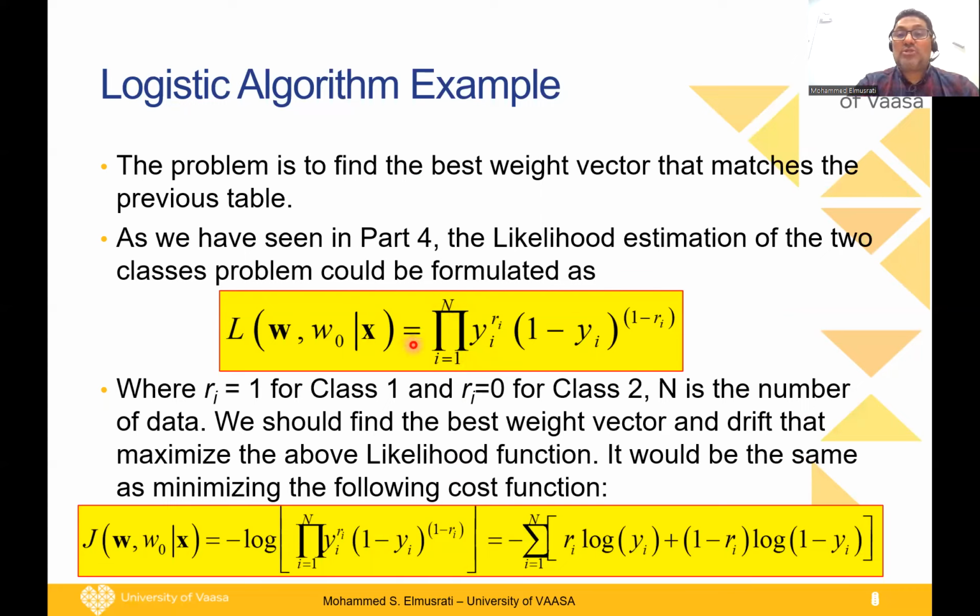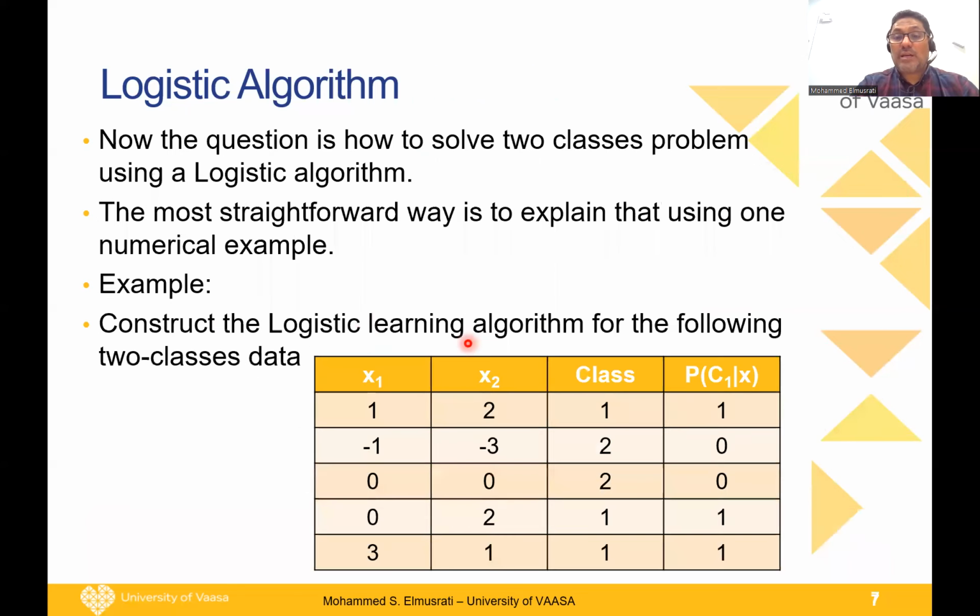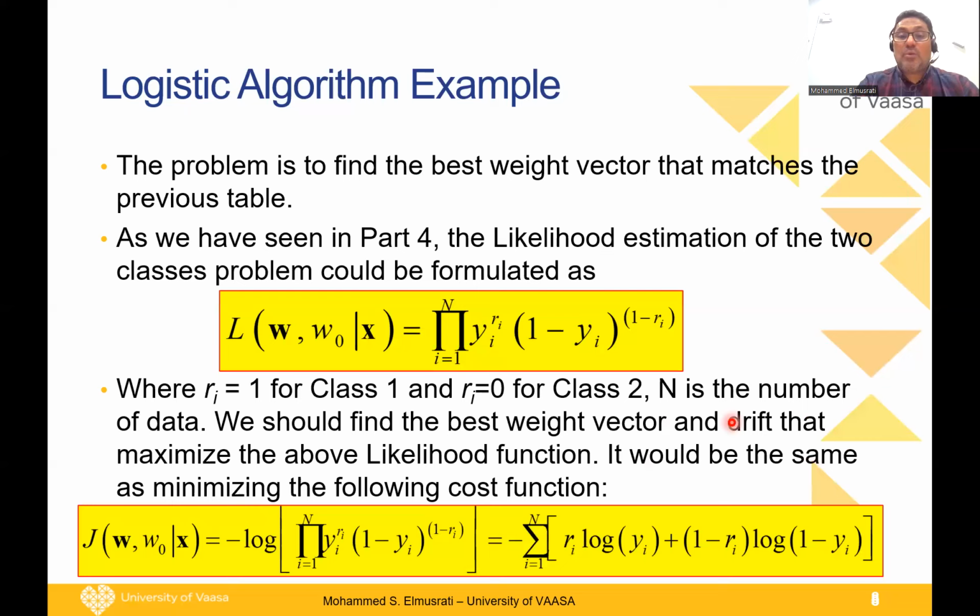Okay, so we start. What is the probability, the binomial distribution, of a certain case? The first input here is in class 1, which means it will be y1 to the power of 1, so it is y1. But 1 minus y1 will be to the power of 1 minus 1, which is 0, so this will be 1.